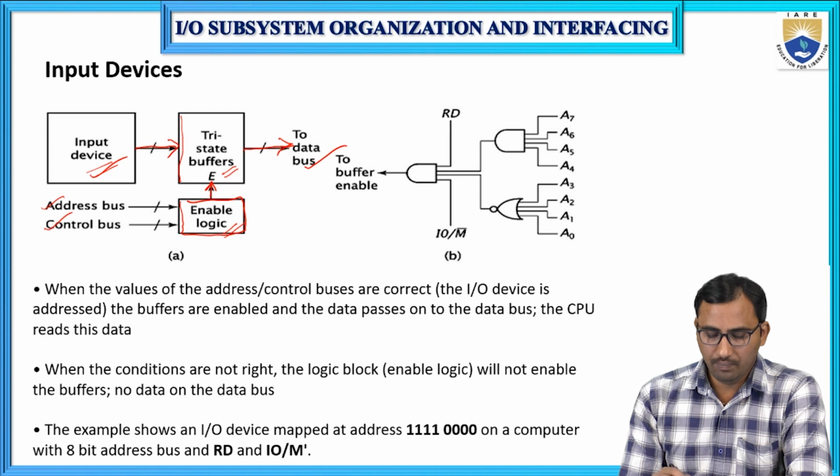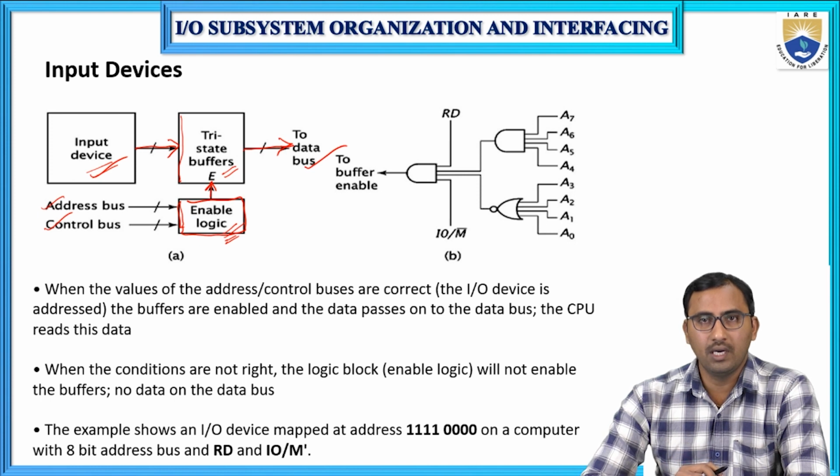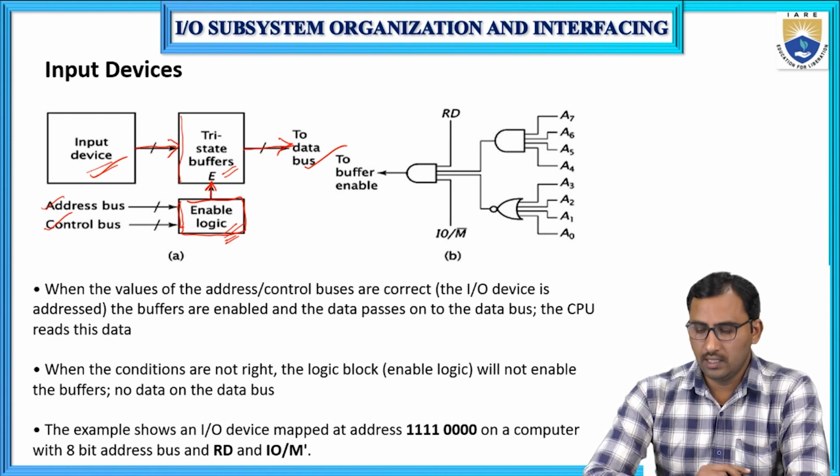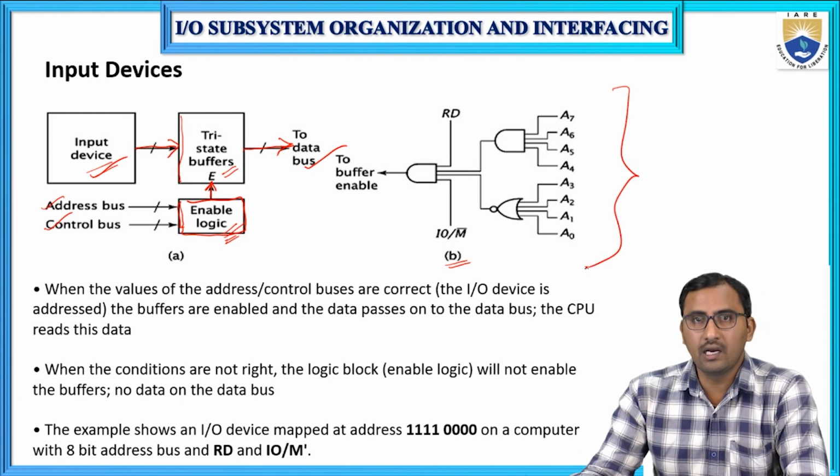Here we have seen the block diagram of the enable logic. But if you look into the internal logic circuit, it looks like this. This logic circuit will generate the enable output.